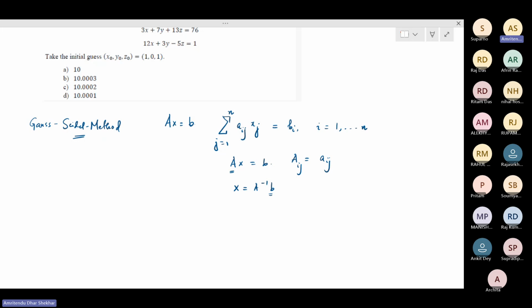Of course, you use a computer, but setting up a program that computes the inverse of a 1,000 cross 1,000 matrix is a computationally expensive process.